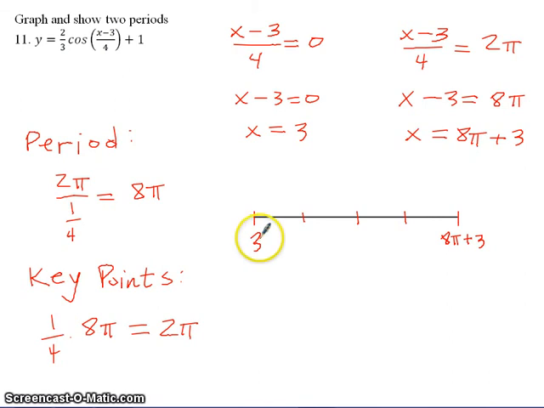If I go 3 plus 2 pi, I have 3 plus 2 pi, and 3 plus 2 pi plus 2 pi is going to give us 3 plus 4 pi. And then we go 3 plus 6 pi, and then 8 pi plus 3. Alright, so I'm going to go ahead and erase a few things.